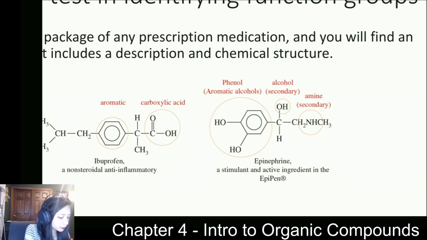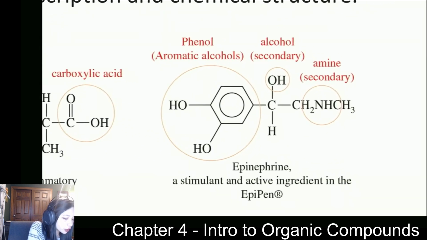And then if we look elsewhere, there's an OH group, an alcohol. Specifically, it's a secondary alcohol, because if we look at the carbon that OH is attached to, there's 2 other R groups or 2 other things other than hydrogen on it. So that's what makes it secondary. See, we don't care about hydrogen. They don't count. And then we have a nitrogen kind of in the middle of a carbon chain. So this is an amine group.